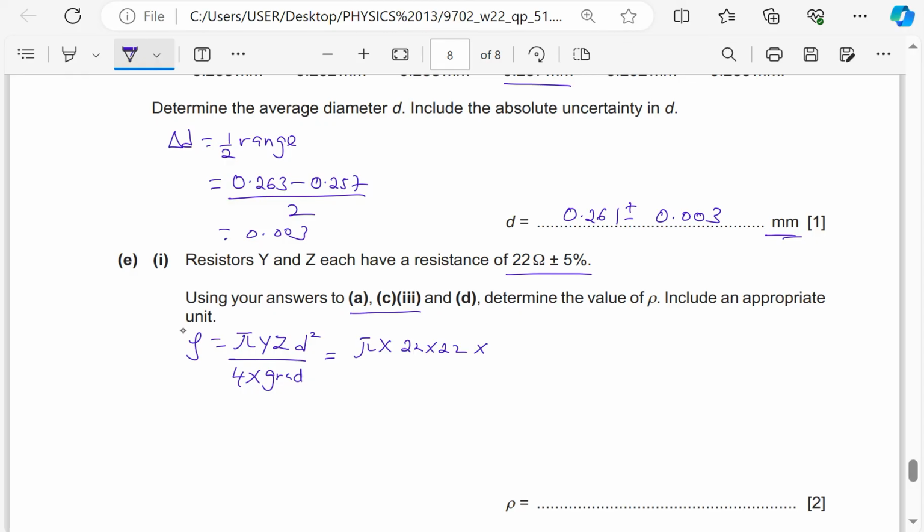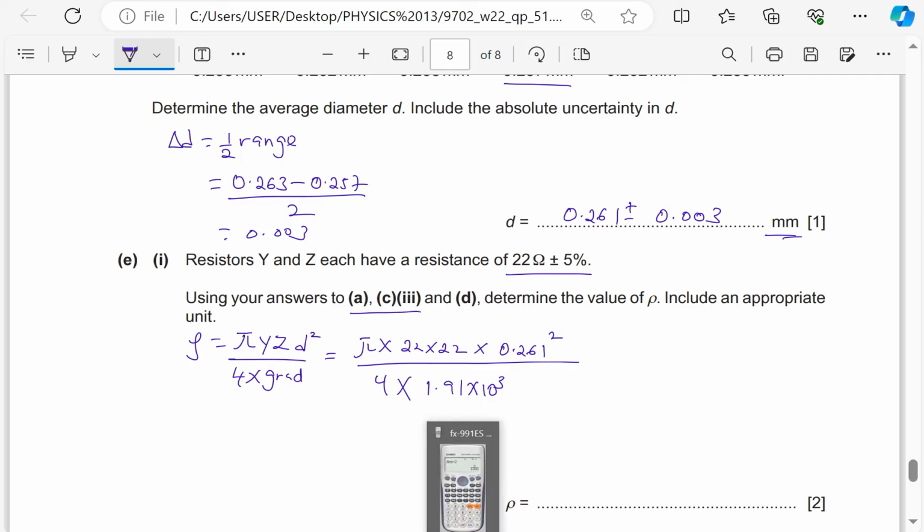So this is going to be 0.261, that is squared, divided by 4 times the gradient. What is the gradient? I think it was 1.91 times 10 to the power of 3.